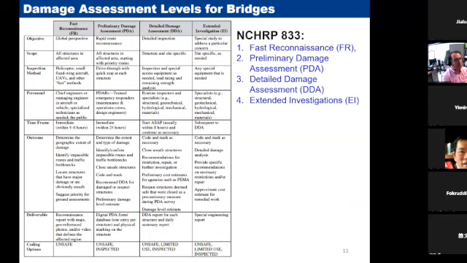Fast reconnaissance, which is usually done with an airplane within 4 to 6 hours after the event, is just to see the bigger picture and graphically find out if a bridge is gone or not, and whether we should send people there. So that's fast reconnaissance.